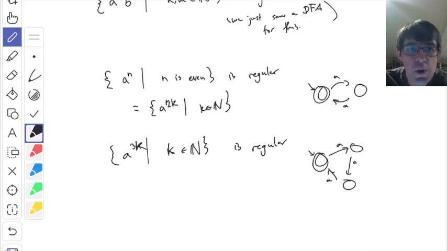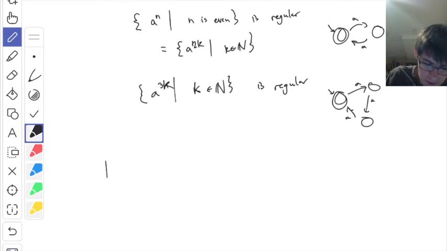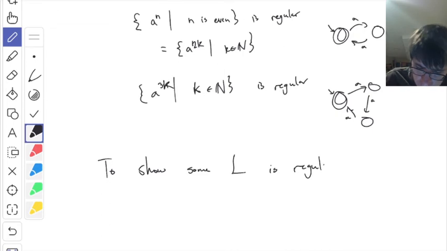So if I show you a set and I ask you, is it regular or not, what you have to do is create a DFA for it. And that's how you show that a language is regular. So to show some language L is regular, we must build a DFA for it.